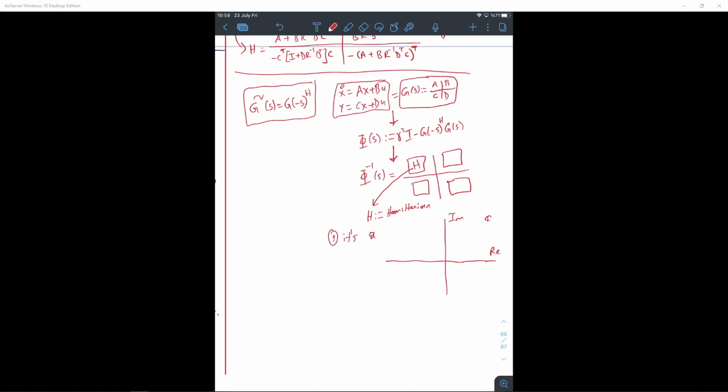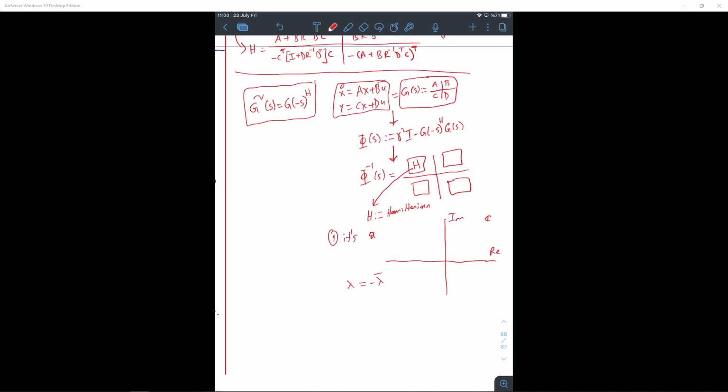Hamiltonian's spectrum is symmetric about the imaginary axis, right? For example, if lambda is an eigenvalue of H, so is minus lambda conjugate, okay?